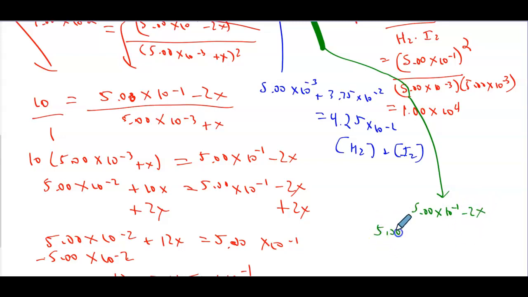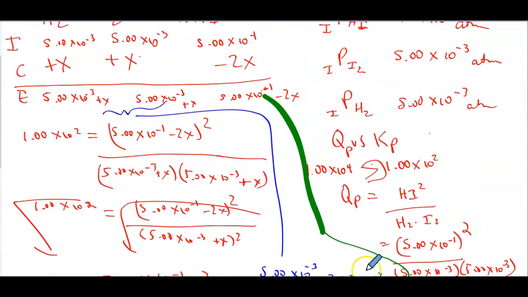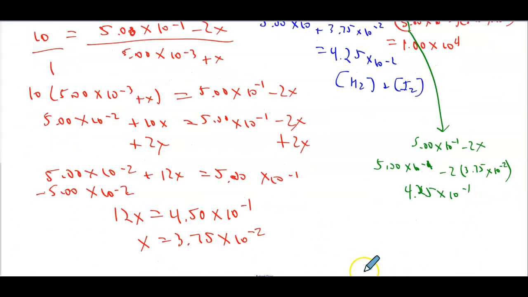So that's 5.00 times 10 to the negative first minus 2 times 3.75 times 10 to the negative second. That's what x was, if you remember. 5.00 times 10 to the negative 1 minus 2 times 3.75 times 10 to the negative 2. And I get 4.25 times 10 to the negative first. And that is for HI. Yes, HI. Concentration of HI.